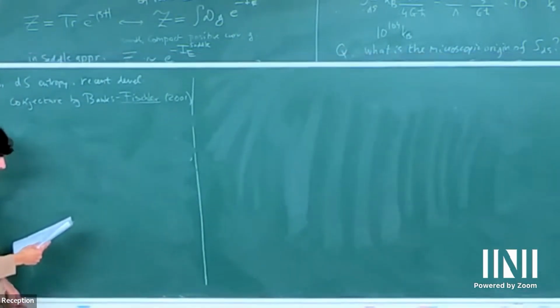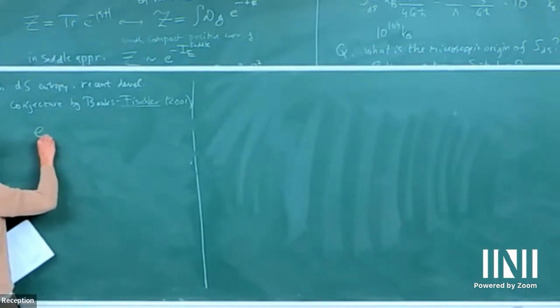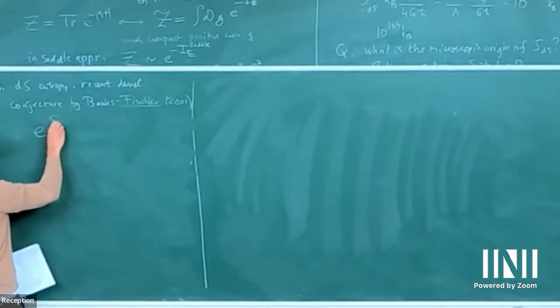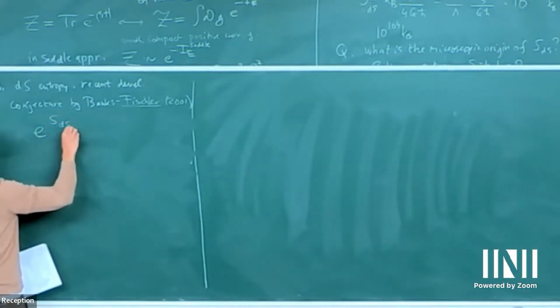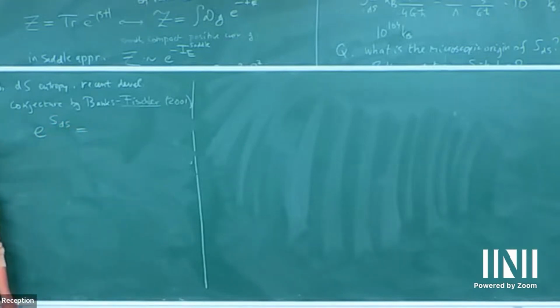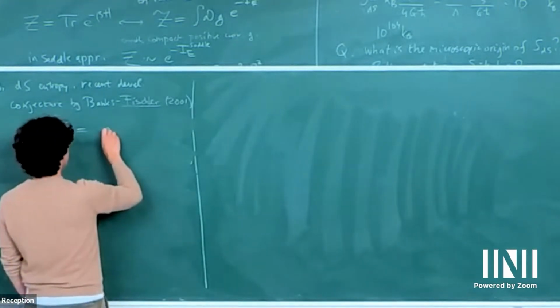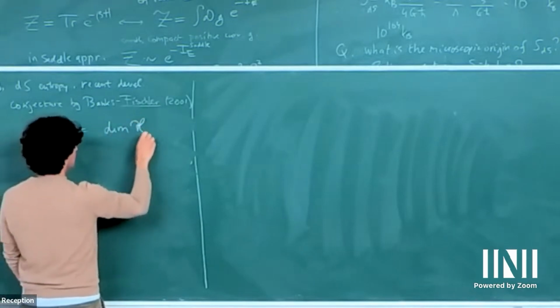So the conjecture is that the de Sitter entropy counts the dimension of the Hilbert space in this way.